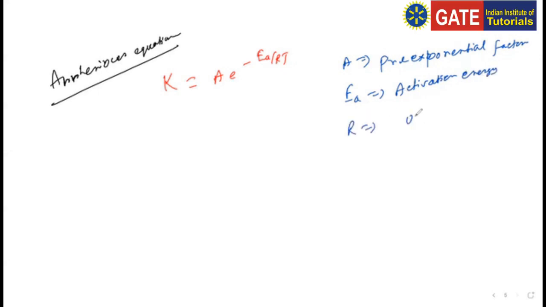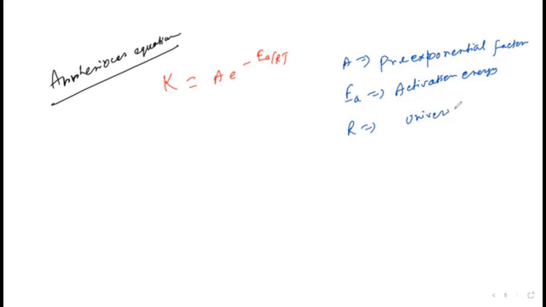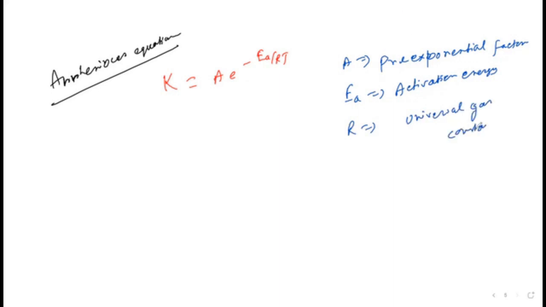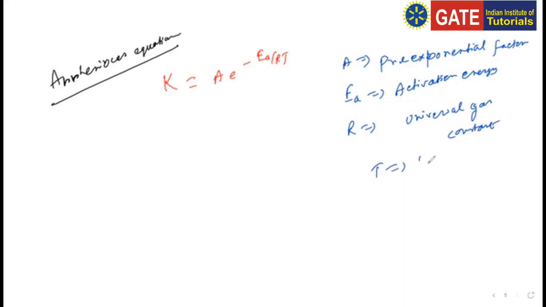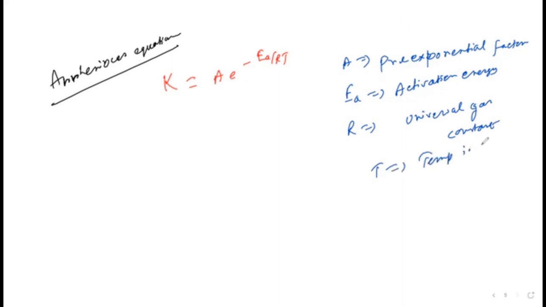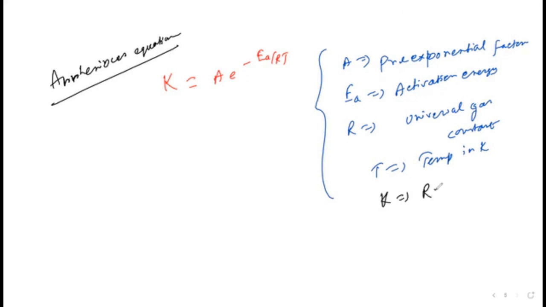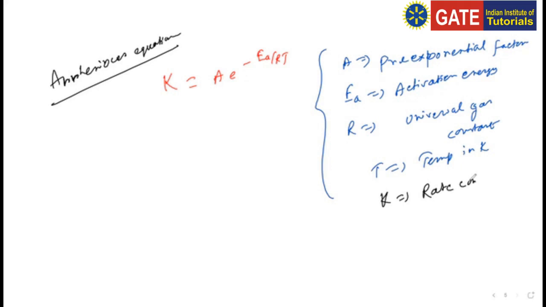R is the universal gas constant, and T is the temperature in K. What is K? Rate constant.